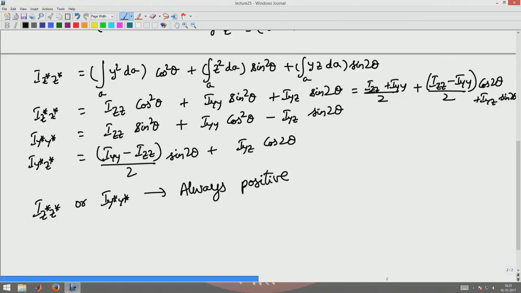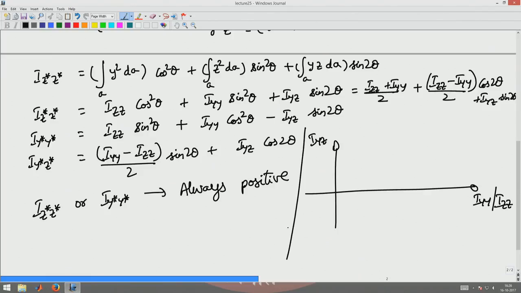So, in the Mohr circle, if I plot I y y or I z z along the x axis and I y z along the y axis, then my circle would be something like this, wherein there will be positive I y z and negative I y z possible for certain orientations of the axis.